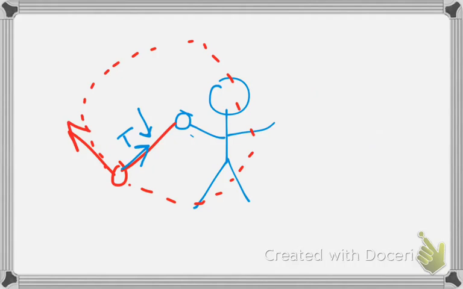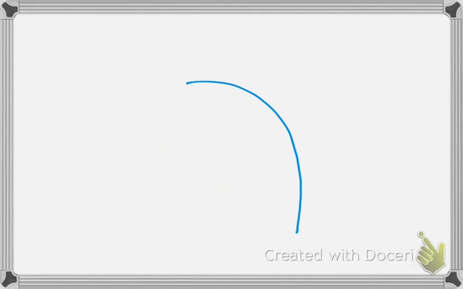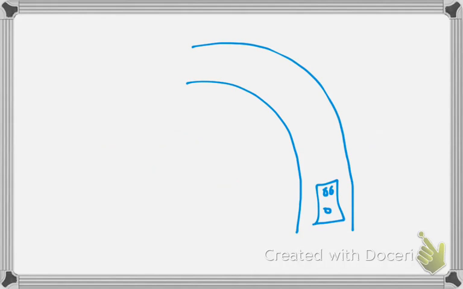So let's think about this. Let's say you're in a car, driving down the road, and there's a curve. Here's you in the car, driving with some friends. There's the top of your heads. It's going forward. Now, when you hit the turn, what happens to you?